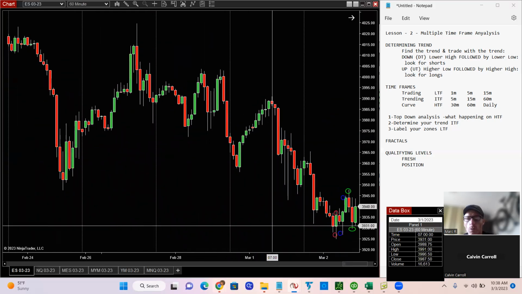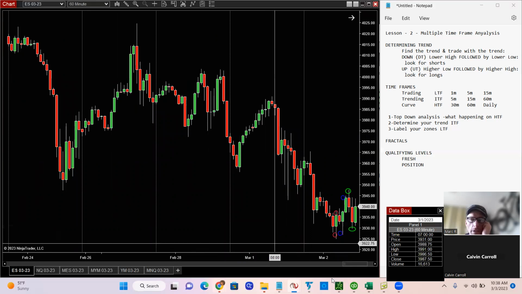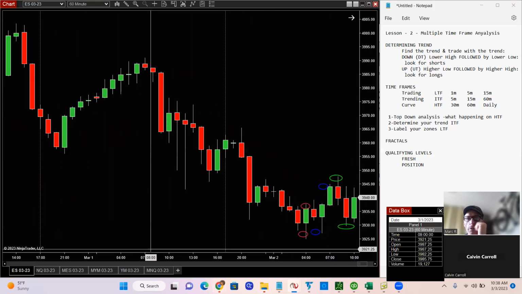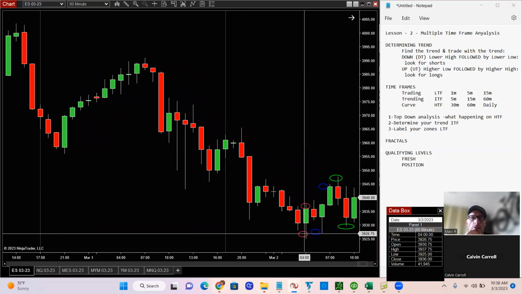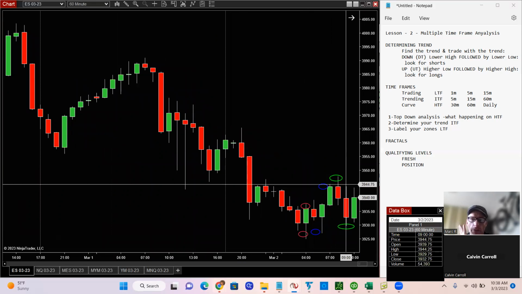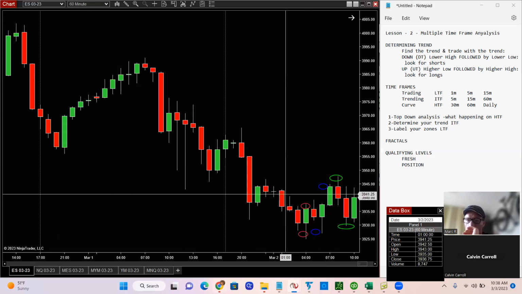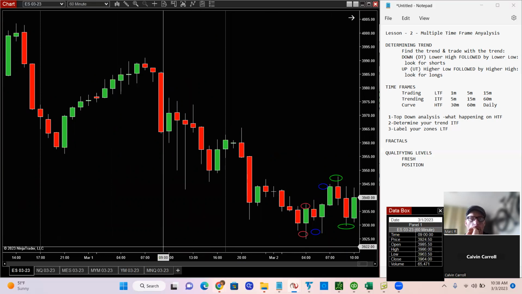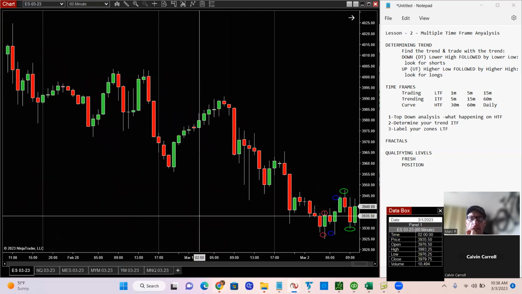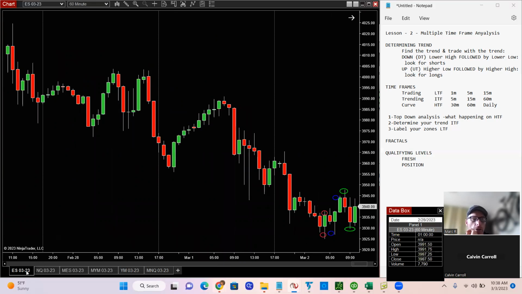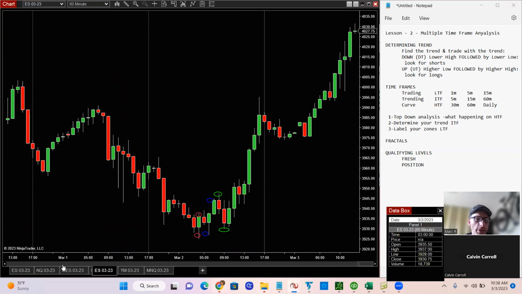So my intention in putting this together right here is that the colors are relevant. I just chose different colors to make a point. If you happen to pay attention to the daily chart, I'll show you real quick where we are on a daily chart in here.